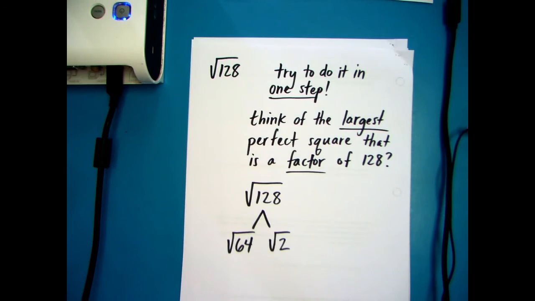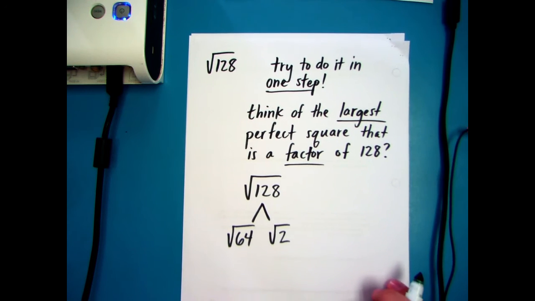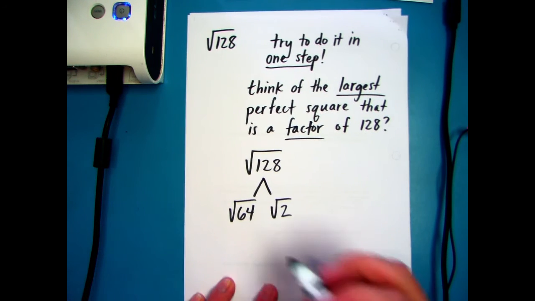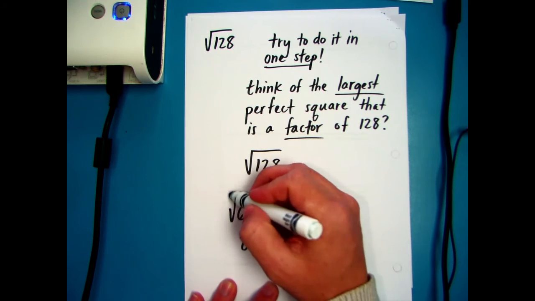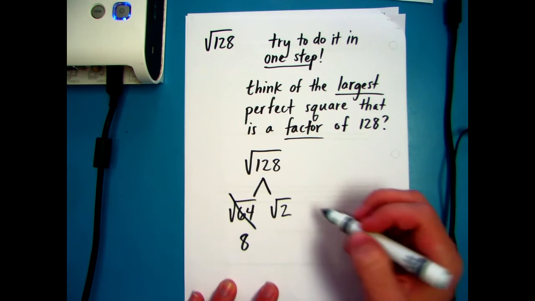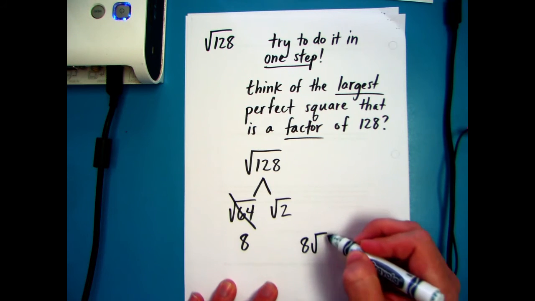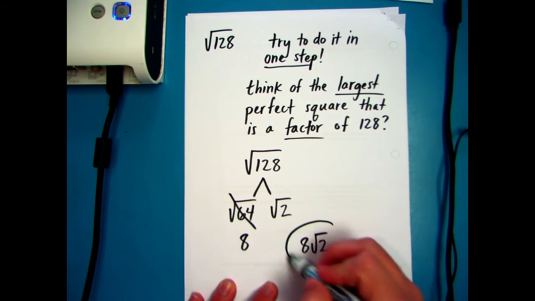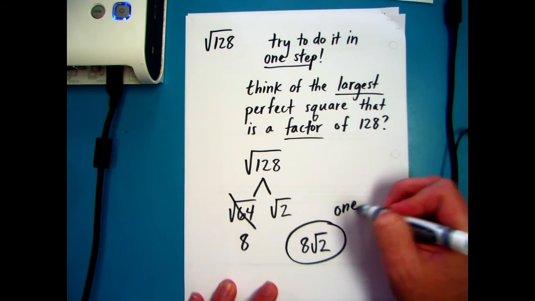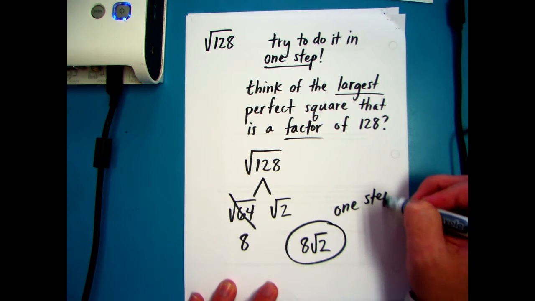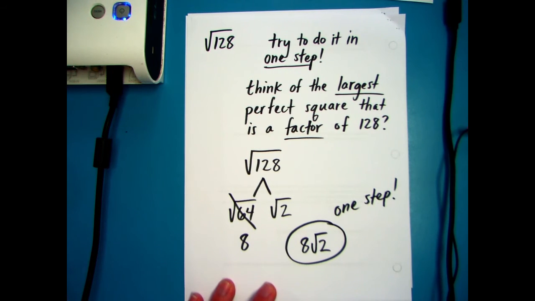So if that is my first branch on my tree, it would look like this. The square root of 64 is 8. I'm done when I look at square root of 2. So my final simplified answer is 8 root 2. We were able to do it in 1 step.